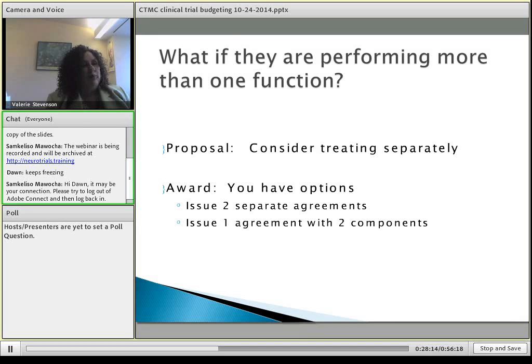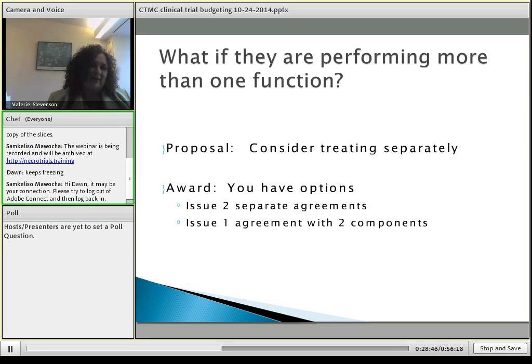One of the things that we think about, again, when we're thinking about how to pay people, is if they're performing more than one function. You may have someone who's a multiple PI and they're also enrolling. If you do have that, you could consider treating them separately, and many times that is the cleaner way to do it. So you could have an agreement with 2 separate components, or you could have one agreement that has 2 pieces within the work scope that are well defined.